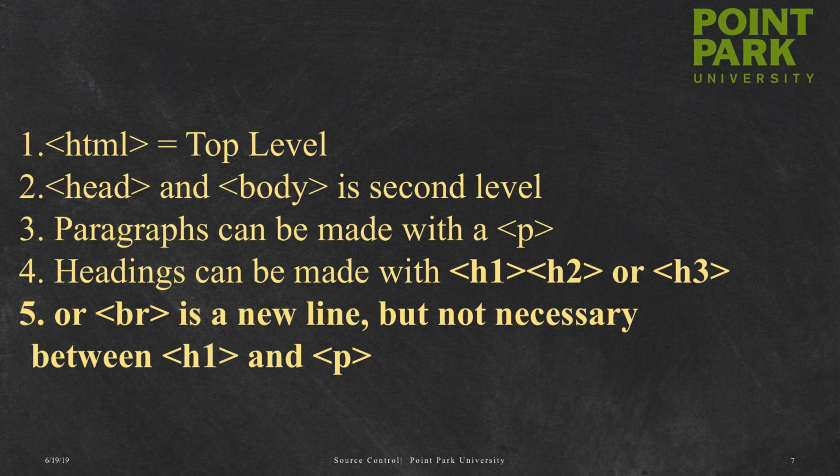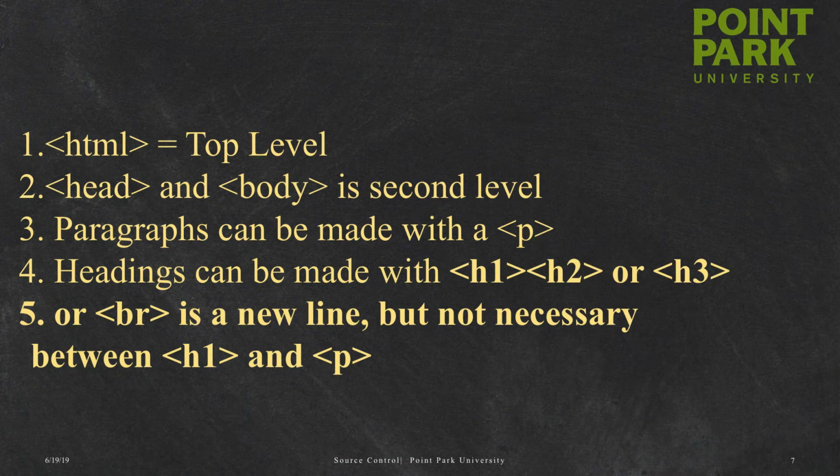So HTML is your top level. You have your heading and your body, which is your second level. Heading is just heading the top of it off: what's the top of your website going to look like? And the body is the meat and potatoes of your application. How does your application work? Paragraphs are the less than, greater than, and in between is a P for paragraph, and that could be a sentence.